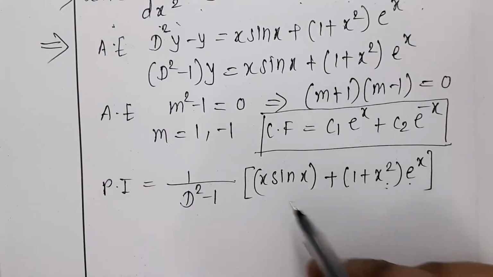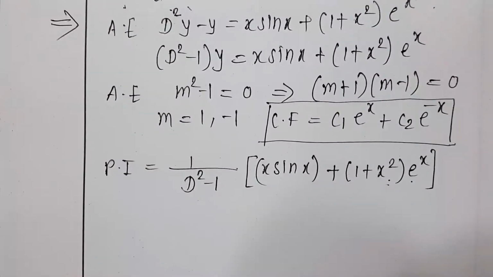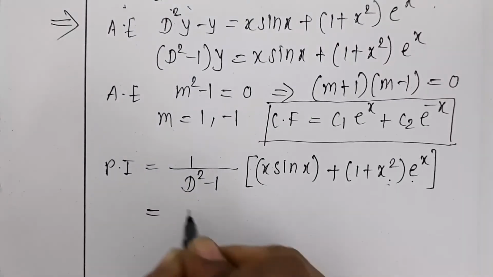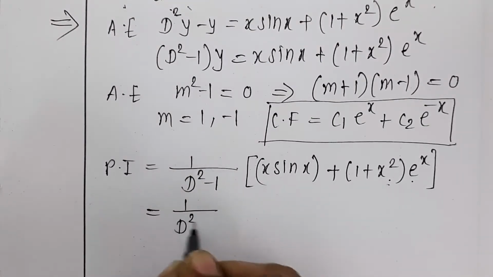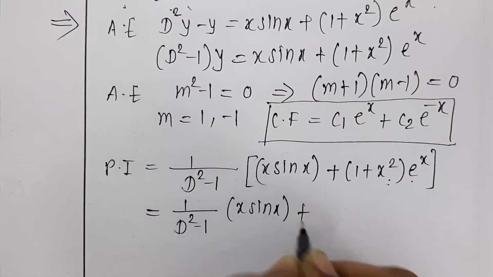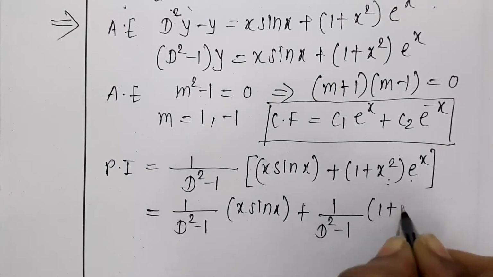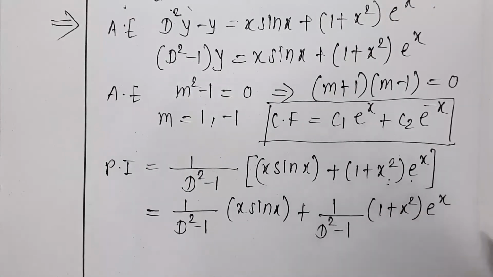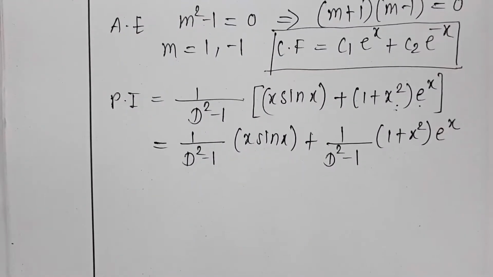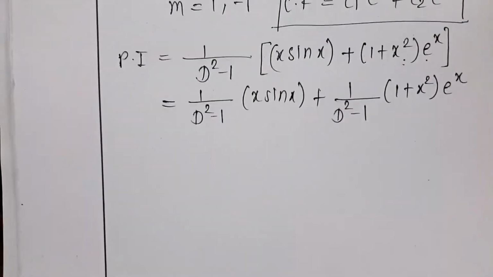Both are different, so we first separate 1 by d square minus 1 with each function. So it is 1 upon d square minus 1 multiplied by x into sin x plus 1 upon d square minus 1 into 1 plus x square into e to the power x. You can solve both functions separately and then substitute, or solve simultaneously.